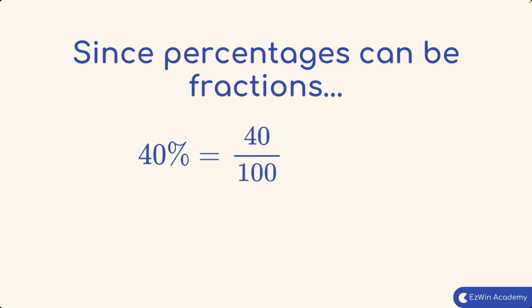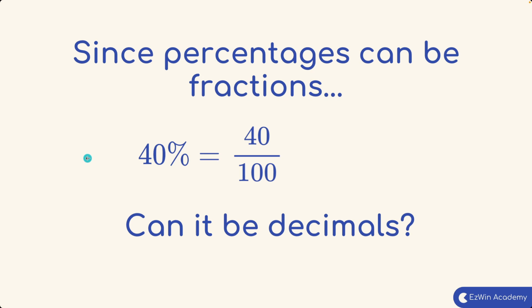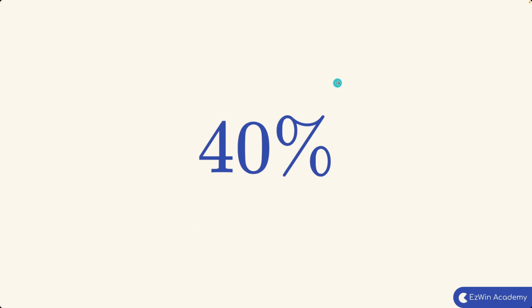Since percentages can be fractions, can they also be decimals? And the answer is yes. Here, 40 out of 100 is out of the 100th place. That means this can be equal to 0.40, because 40 divided by 100 makes 40 in the 100th place. In order to convert a percentage into a decimal, here's a simple trick.